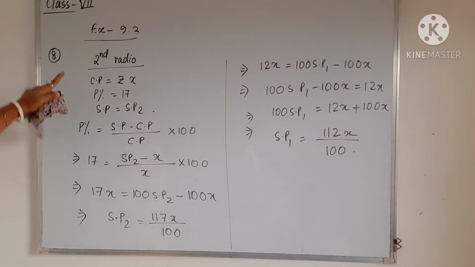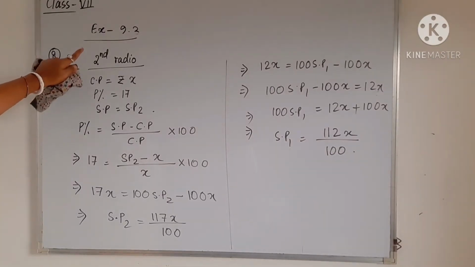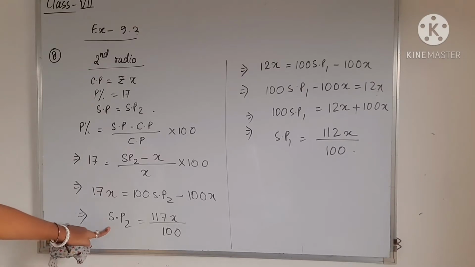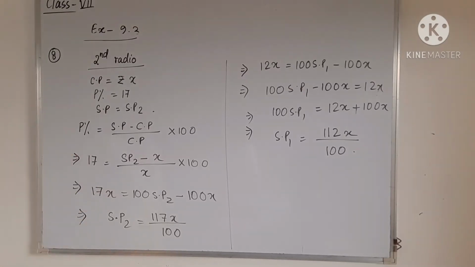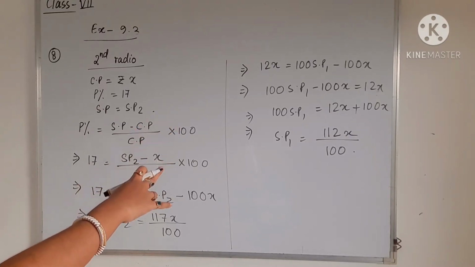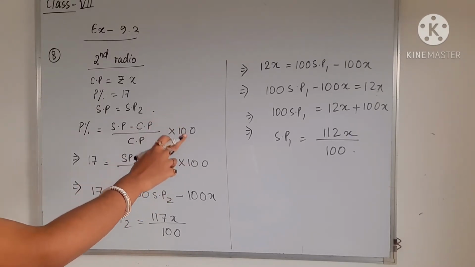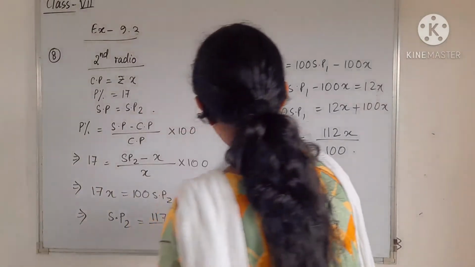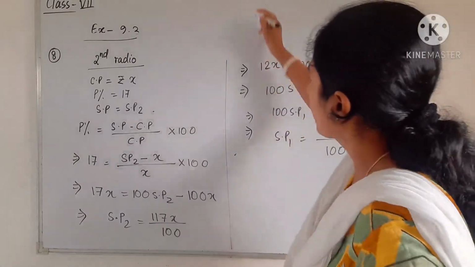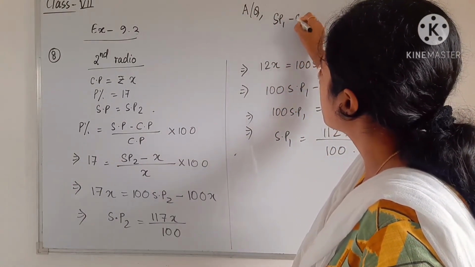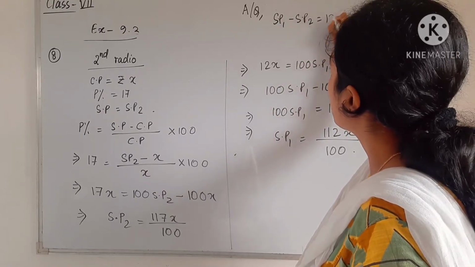So see, I have done similarly in the second case also. For the second radio I have found SP2. Students, I have done it directly because already in the first case I have shown how to do the steps. So see, SP1 was 112x by 100 and here SP2 is 117x by 100. So now what we have to do? We have to write that according to the question, SP1 minus SP2 is equal to 125.